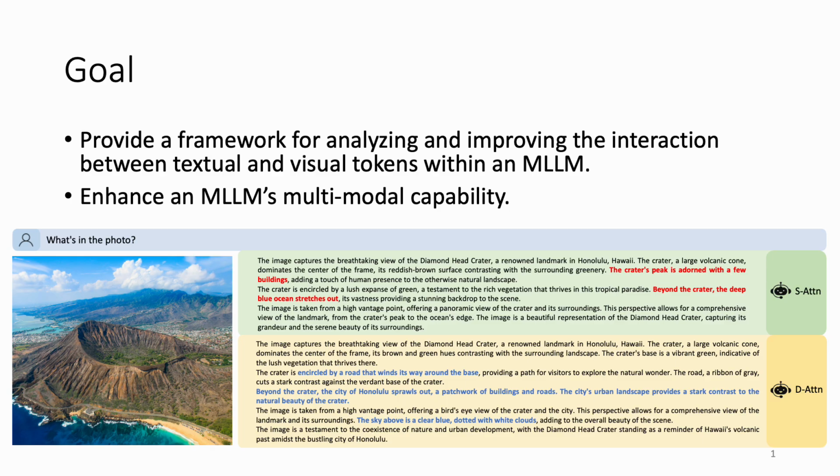Built upon this framework, we identify several weaknesses in current multimodal models and propose fixes to enhance the model's multimodal capability. In the figure below, a vanilla self-attention model makes several mistakes in describing the diamond head photo, while our 𝒟-Attn model is able to describe the scene in a more comprehensive and precise way.